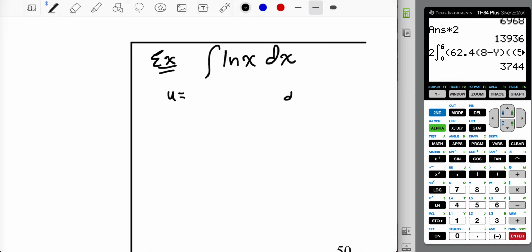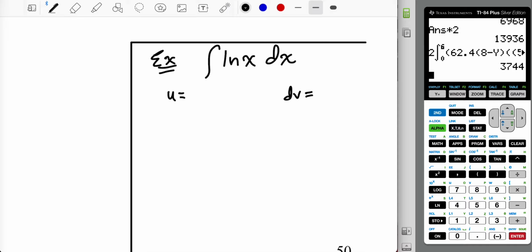You have to select a u and a dv. Well, I definitely wouldn't select ln of x to be my dv because I'm here for that reason. I don't know the antiderivative of ln of x. So why would I select that to be the thing that I would have to anti-differentiate in my first step?